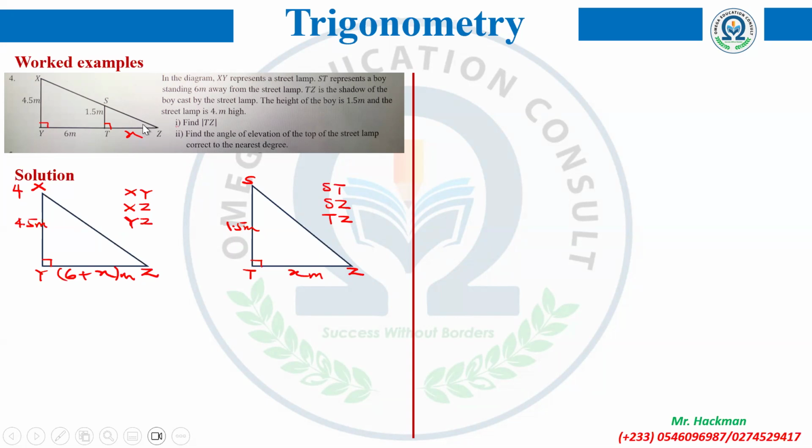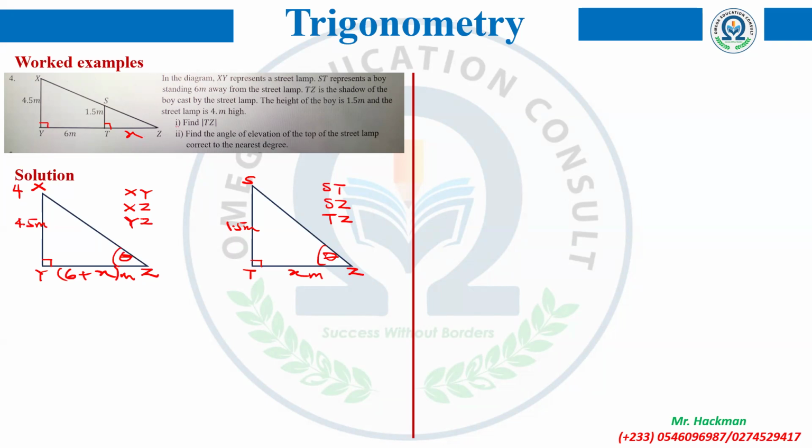Okay, so let's call this angle theta. The angle that they share, theta. So it means now, instead of a common side, they share a common angle. Originally, if you have a common side, you form an equation linking the common side.